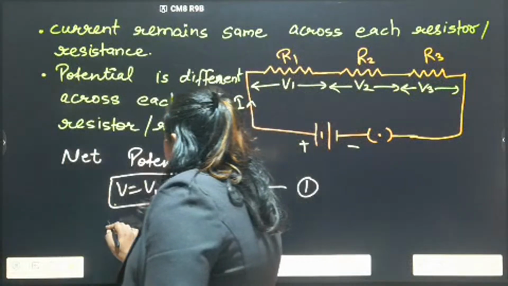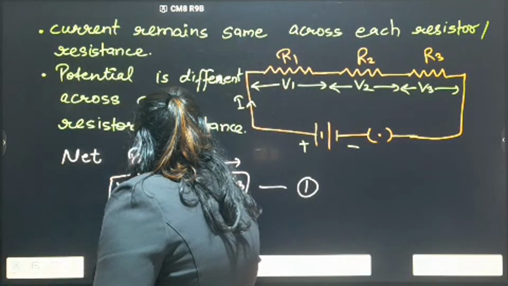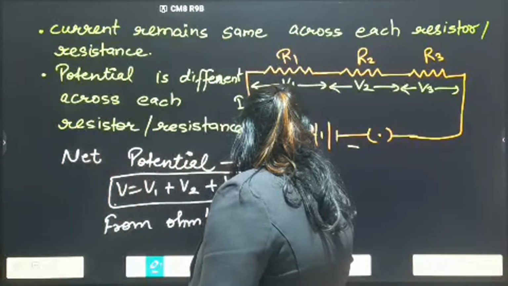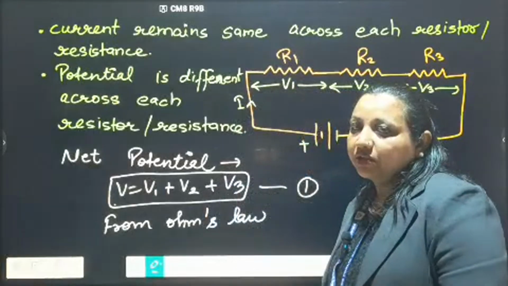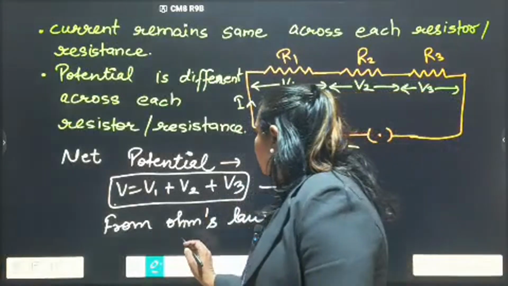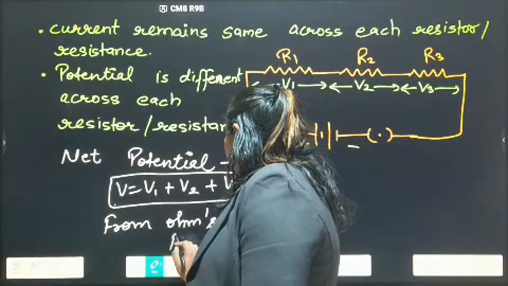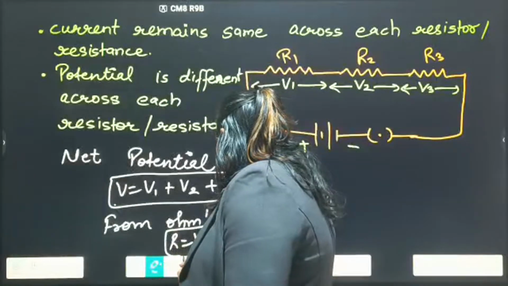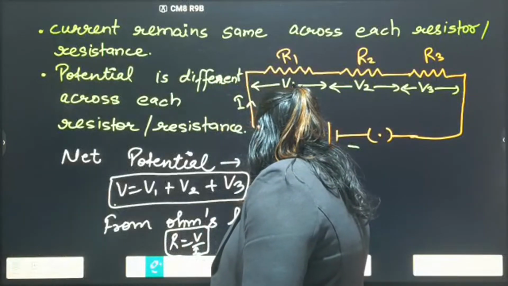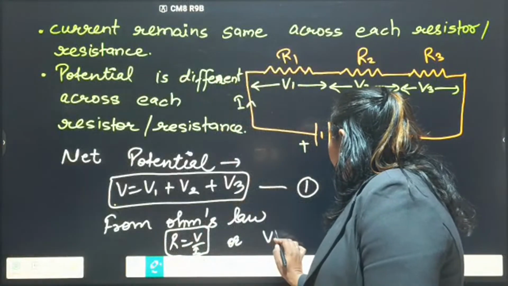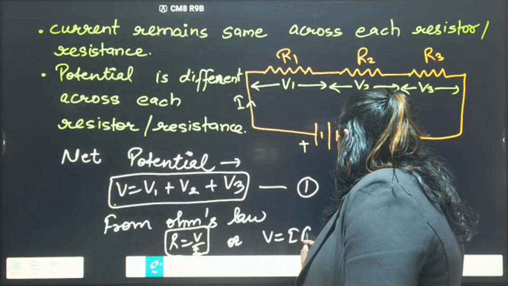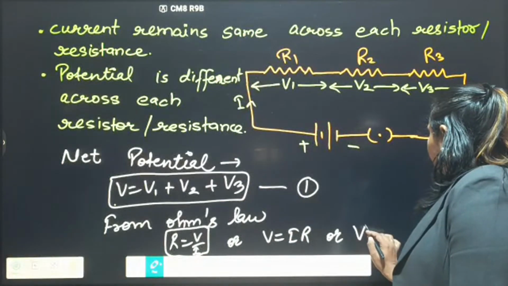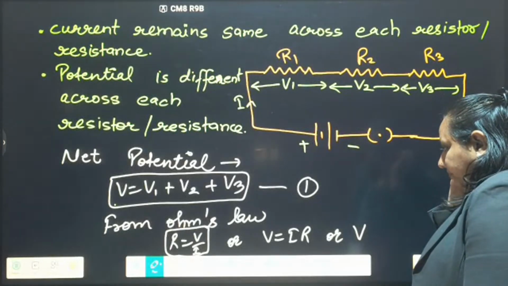So from Ohm's law, what is the expression which we get from Ohm's law? R is equal to V over I. R is equal to V over I. Yeah, V upon I. From here we get the value of V. So V is equal to IR.